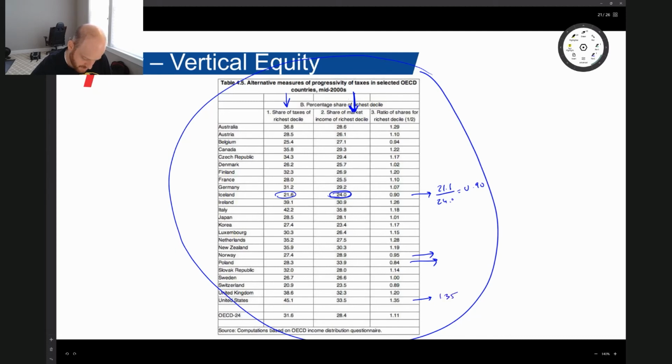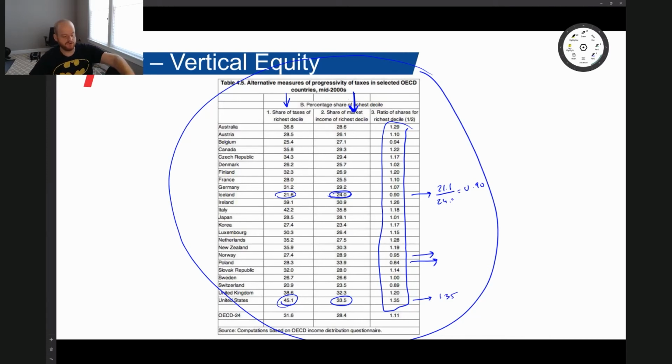So the richest people in the US are only earning 33.5% of the overall income, and they're paying 45.1% of the overall tax. Now, these numbers, as we get further along in the chapters, you'll see are a bit deceiving. But at face value, it seems like most countries try to keep this as close to 1 as possible. You're not seeing any countries here that are overwhelmingly punishing one portion of the population or rewarding one portion of the population for earning high or low amounts of income.